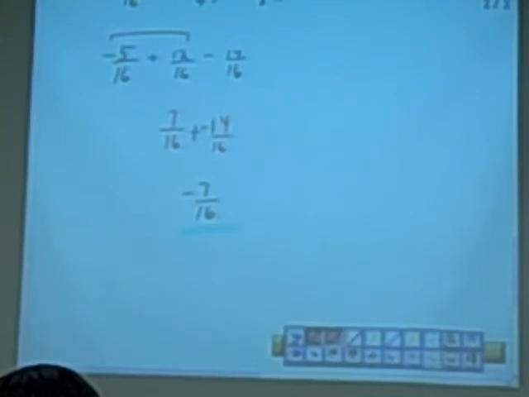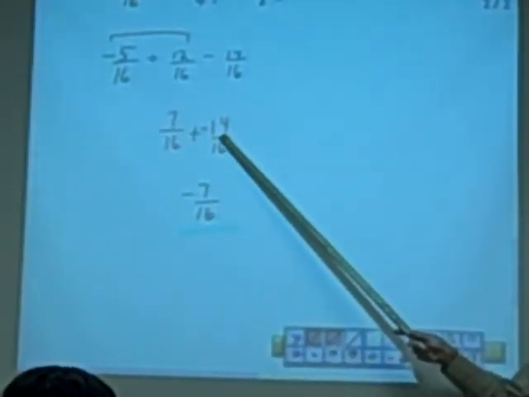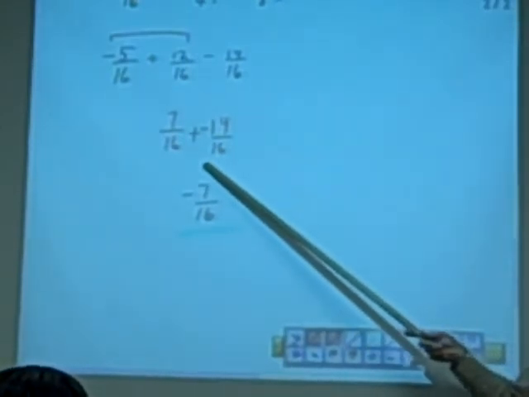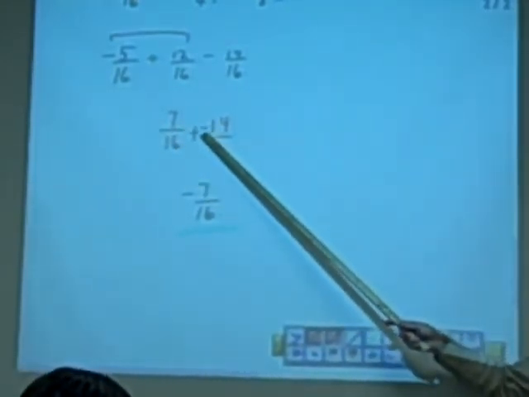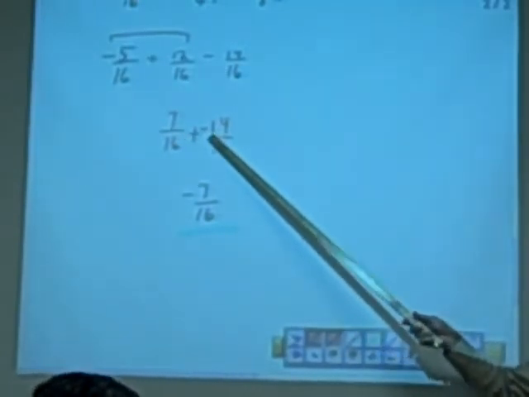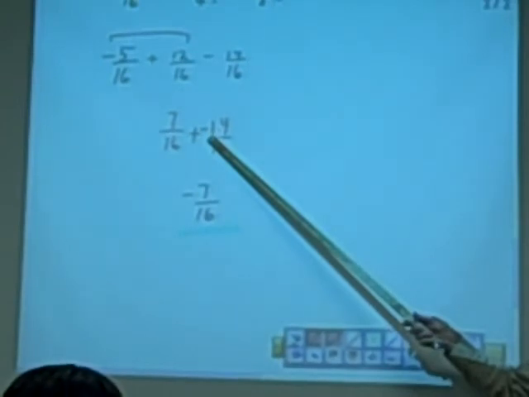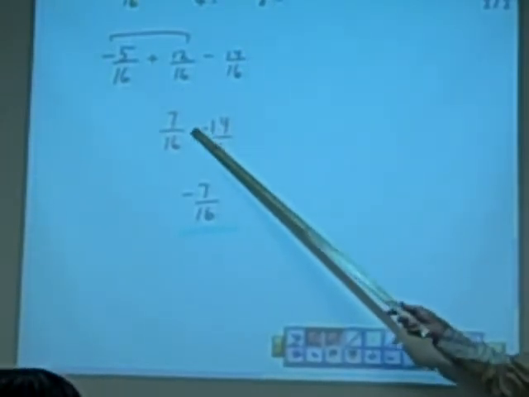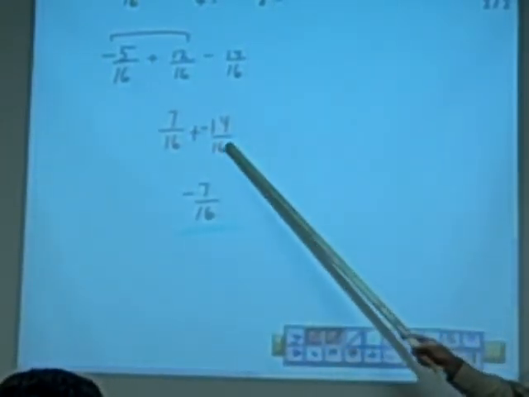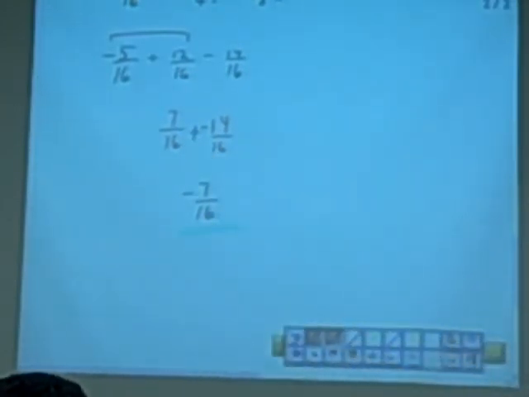Okay. Well, you're looking at opposite signs, right? With opposite signs, you're adding or subtracting. Well, you've got 14 negatives and 7 positives.